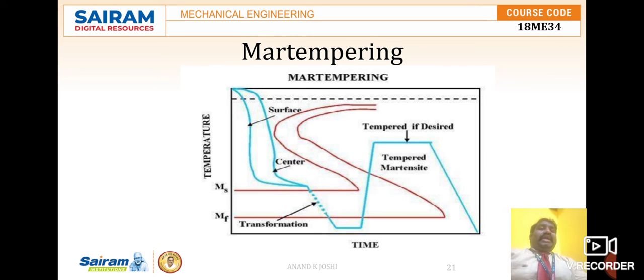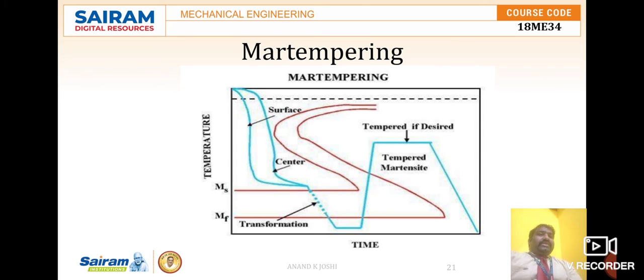It is held at this temperature until the temperature is uniform across the section of the steel component. It is then cooled in air to transform the austenite to martensite.